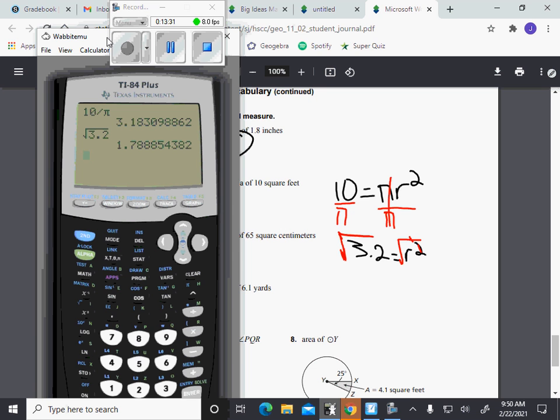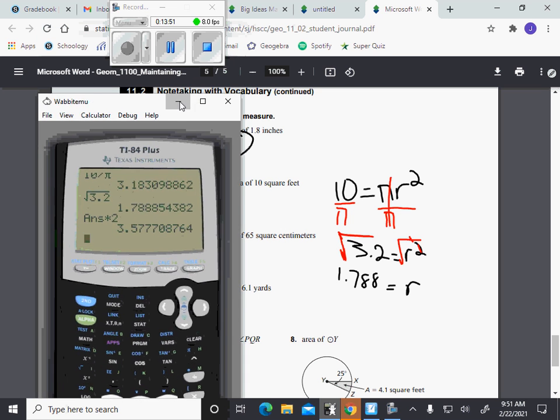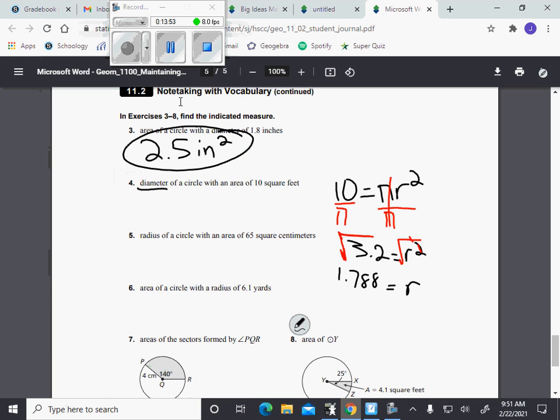Okay, so r is equal to 1.788. And then how do we find the diameter? We have to multiply it by 2, because the radius is half the diameter, so we take 1.788 multiplied by 2. That should get us 3.58. And it's in feet, so feet.